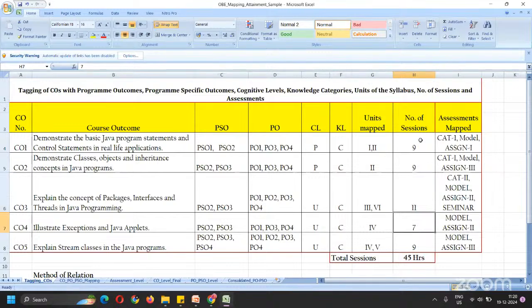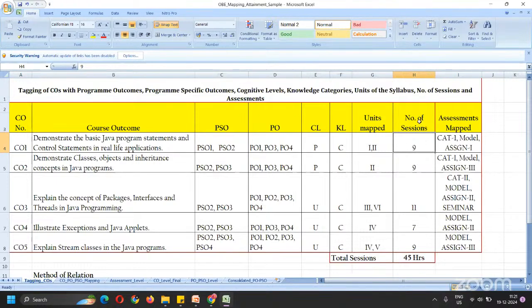So this split is the number of sessions we are tagging with the course outcomes: how many hours in total I am going to cover for a particular CO, or, for the topics contributing to CO1, how many hours are required to deliver the classroom sessions.